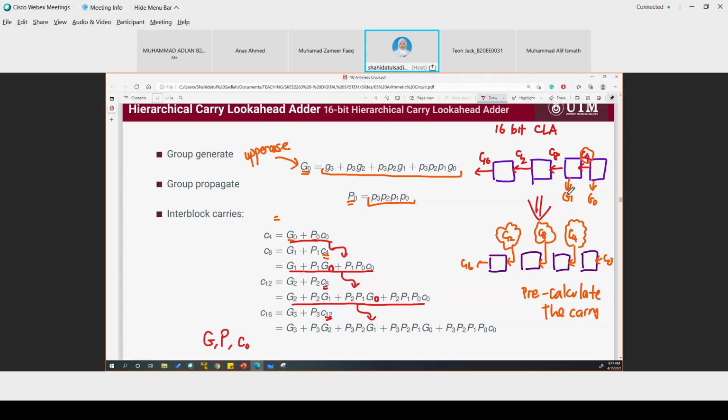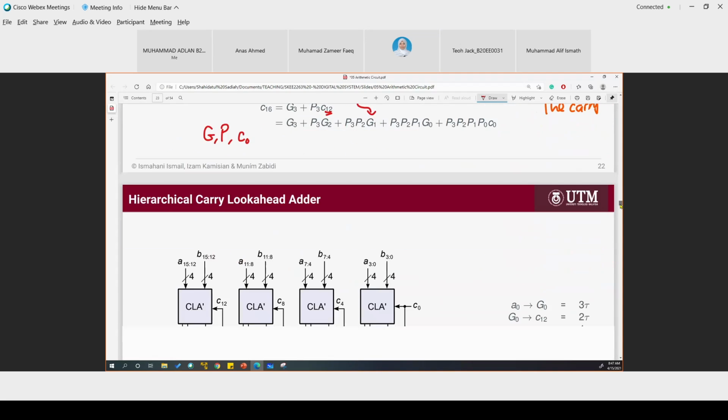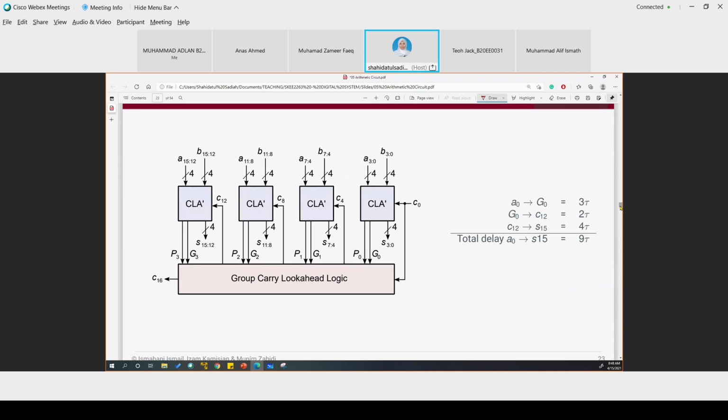Now, we don't have to ripple or propagate this carry anymore because we have calculated here using the known parameter. Now, let's see how it affects the delay, right?